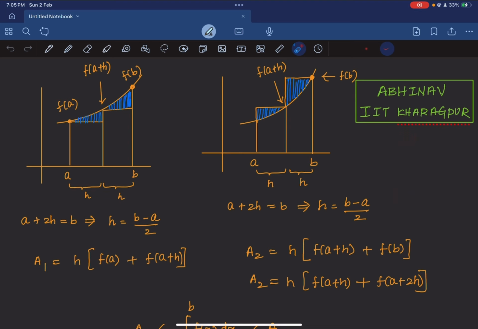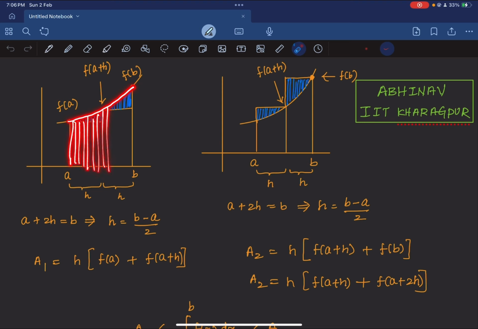Let us say you have this function f of x, and let us divide this area between a and b into two parts. This is one part, and this is the second part of the area. Now to find out the area under this curve, let us follow a certain technique.